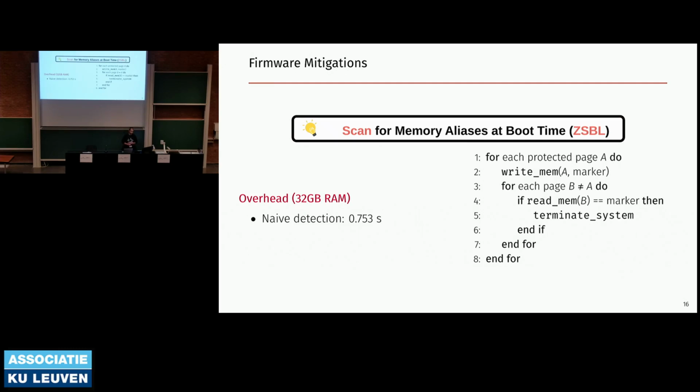Here we have the naive approach, where you just write the marker on each physical page, and then you try to read the marker. If the marker is corrupt, then you have aliases. But this is quite slow.